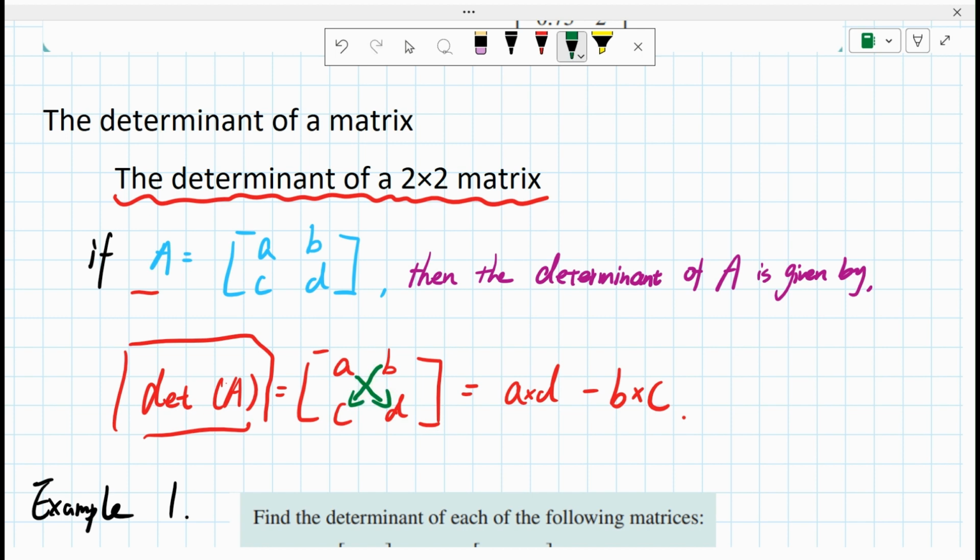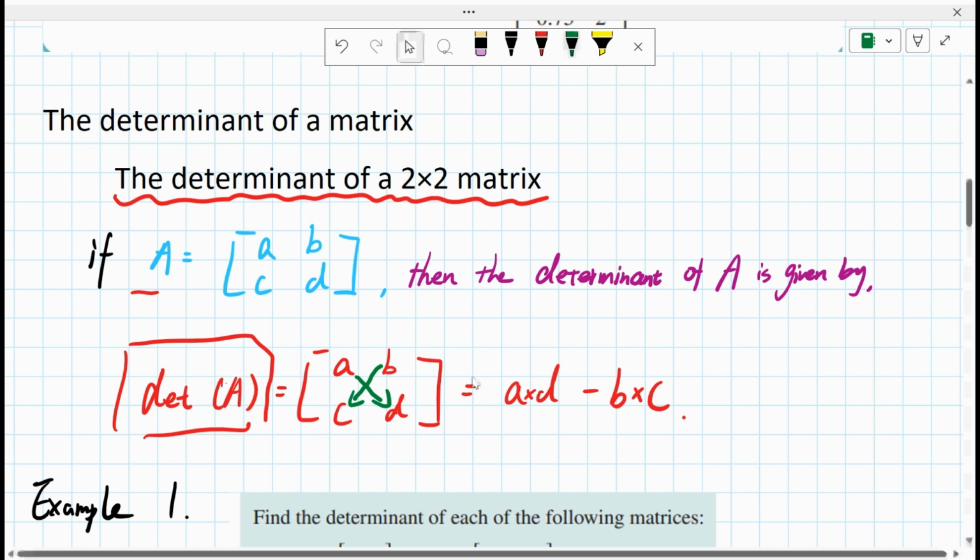Please write this in your reference book. Start again. The determinant of A is a times d minus b times c. So from left to right and then right to left, and then minus each other.